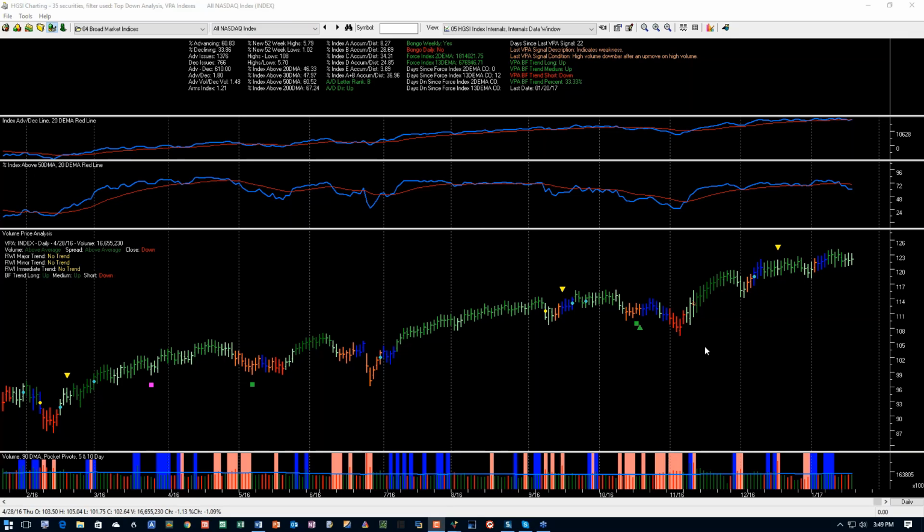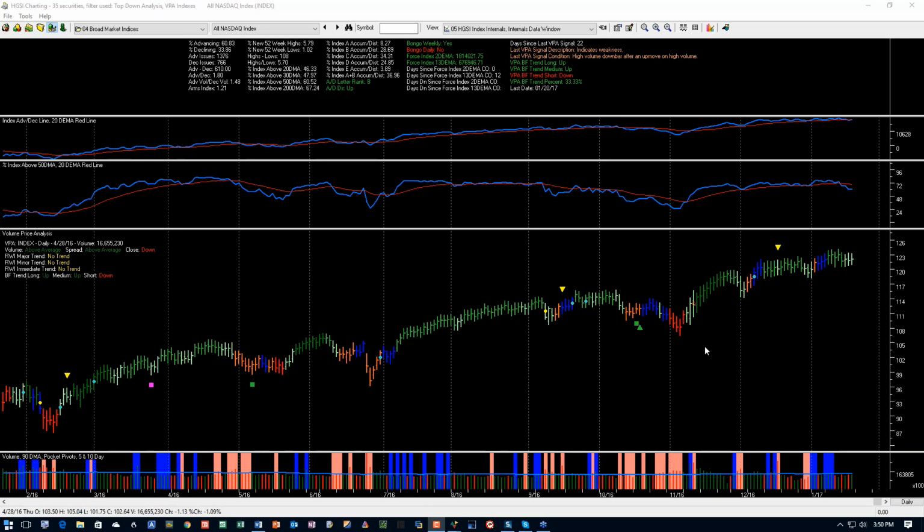So that is why I am switching over to market cap weighting. I think it gives us a better feel for what the institutions are doing because these tend to be, well, they're going to be led by the higher market cap stocks. That's all there is to it.